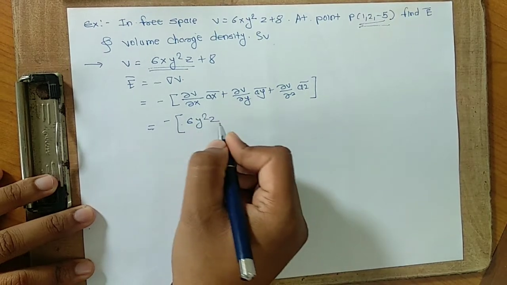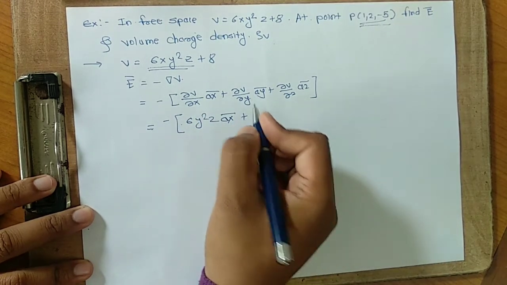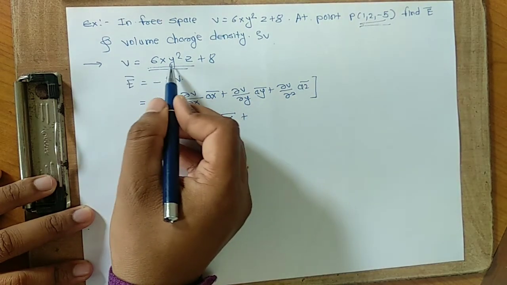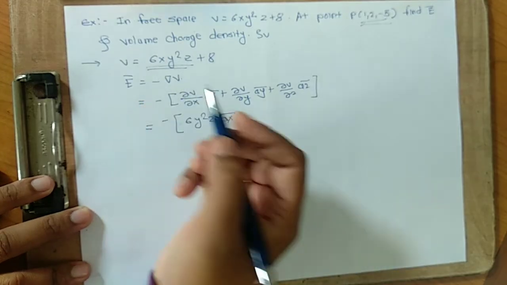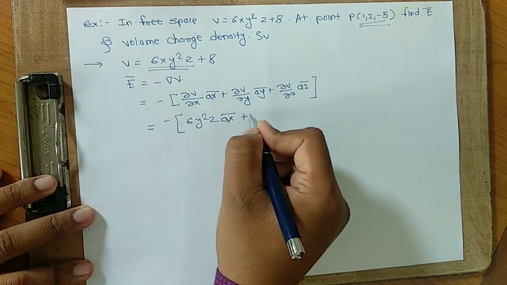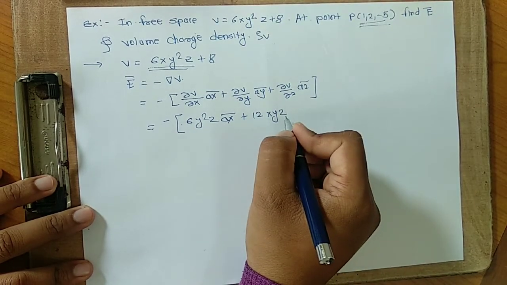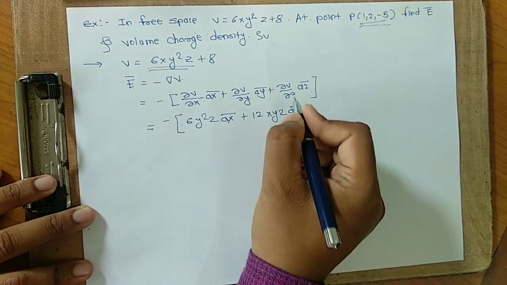So minus 6y²z ax bar as it is, plus the derivative of V with respect to y. What about this y? y² is there, so 6 into 2, that is 12xyz. Next you have to write this unit vector ay bar, plus the derivative with respect to z.